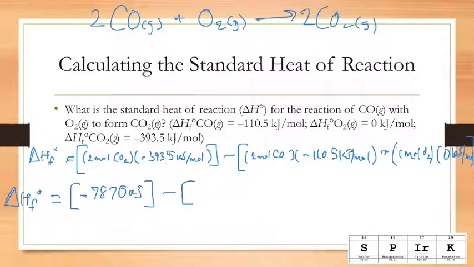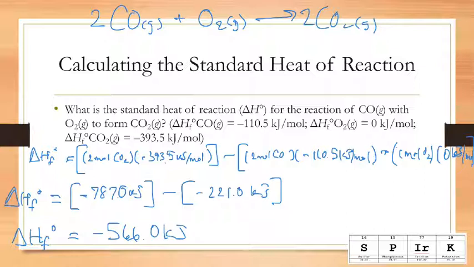We add those two together, and we get negative 221.0 kilojoules. And then we're just going to subtract products minus reactants, and we get negative 566.0 kilojoules. So the standard heat of reaction for carbon monoxide plus O2 to carbon dioxide is negative 566.0 kilojoules. And we know that that is an exothermic reaction.